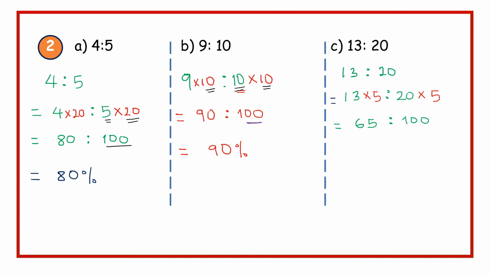Now that the second part of the ratio is 100, it means that we have got 65%. So that means that the ratio 13 to 20 is equal to 65%.